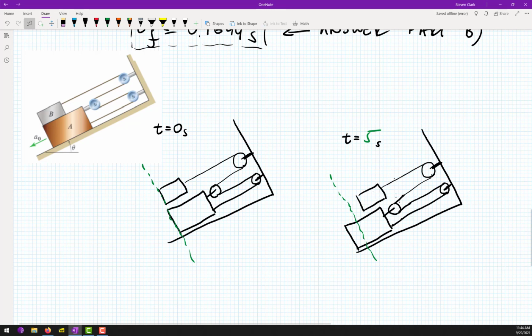Now you can clearly see that the only things we actually care about are those chunks, this chunk and this chunk. This guy did not change at all, that's why we can ignore it.